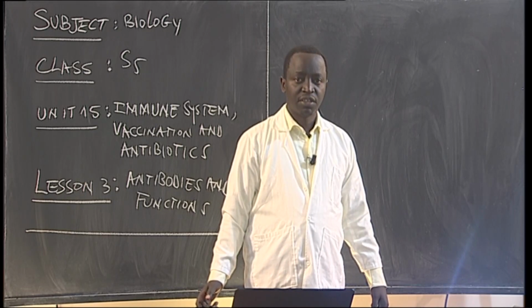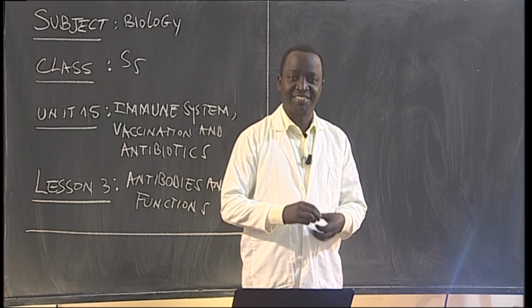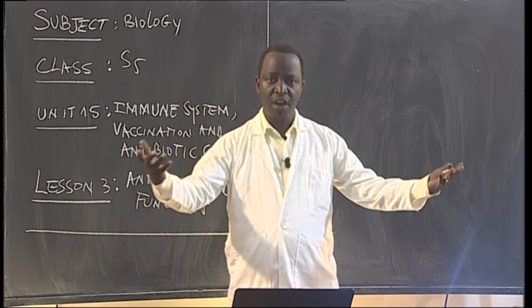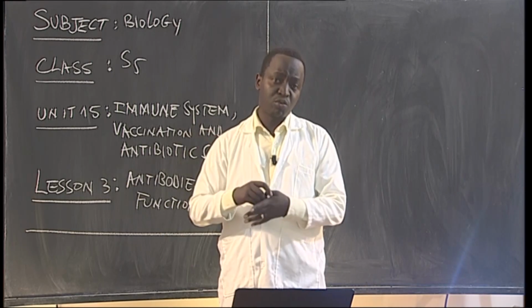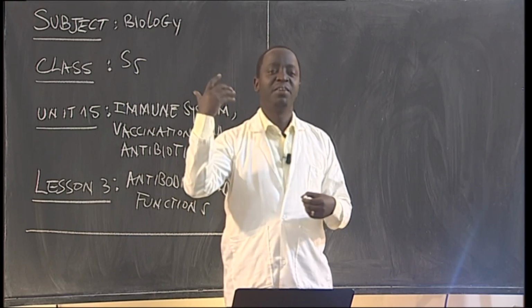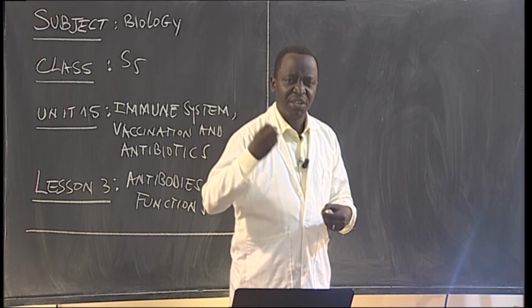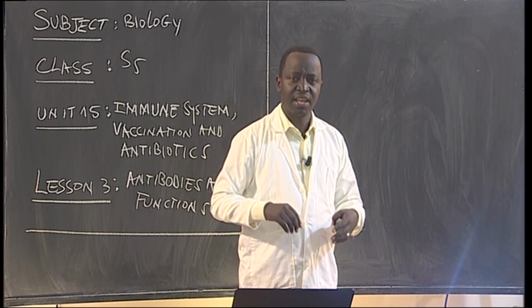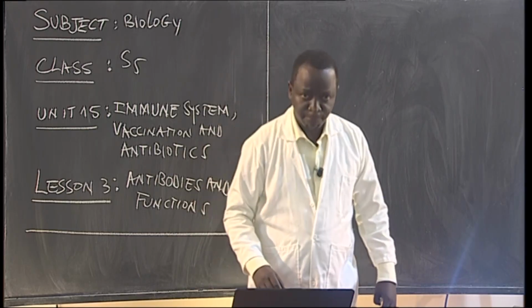You see? Antibodies are very serious, my friends. We have this kind of protection. If you didn't have antibodies, do you think what would happen? We would be sick every time. But because antibodies are there, we are somehow protected.